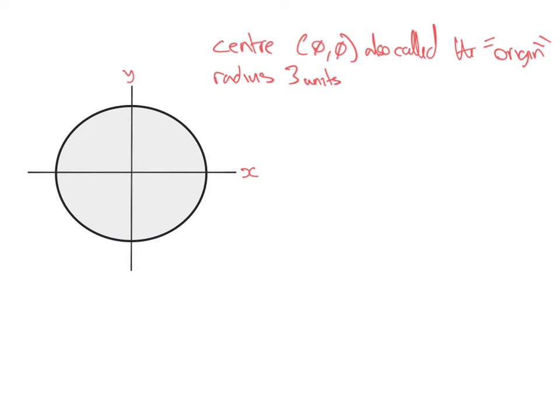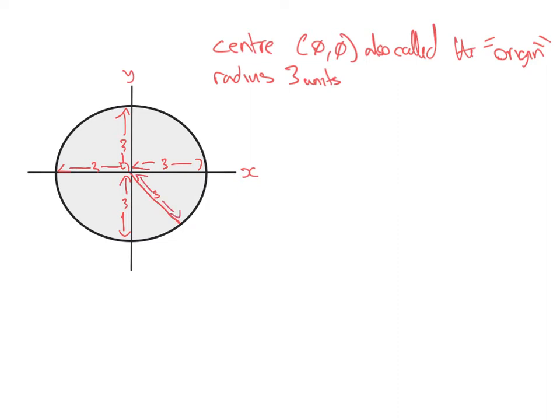Which means that this line here is 3, this line here is 3, this is 3, and this is 3. And remember, any radius is the same length for a circle, so if I drew a diagonal line anywhere, that would be 3 as well.